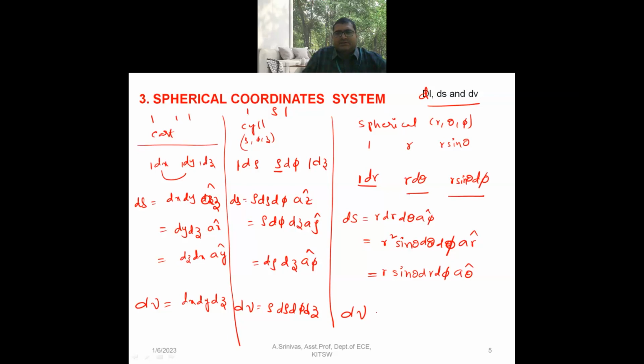Regarding the differential volume, dv is equal to r square sin theta dr d theta d phi.